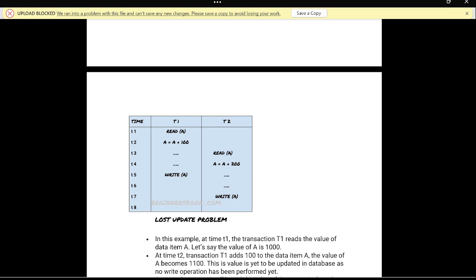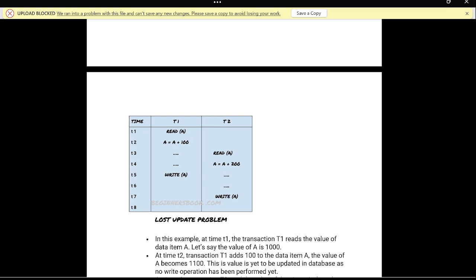At the T5 time slot, I am going to write A at T1. But according to transaction T1, your account balance should be 200, while due to the T3, T4 time gap it has been incremented. Now your value has changed.